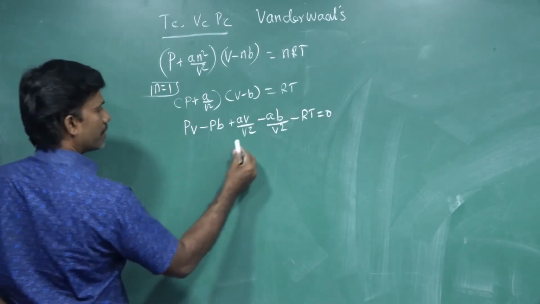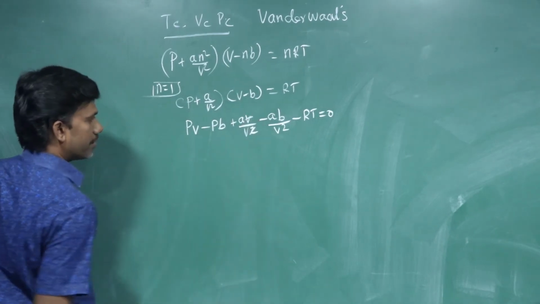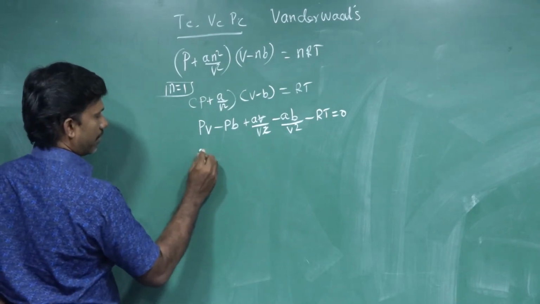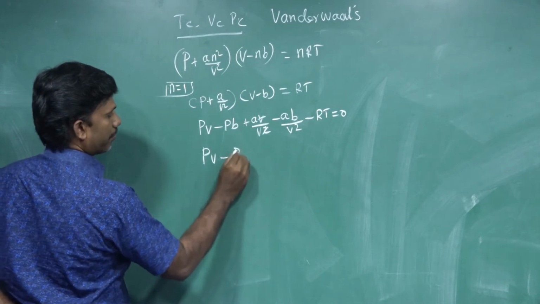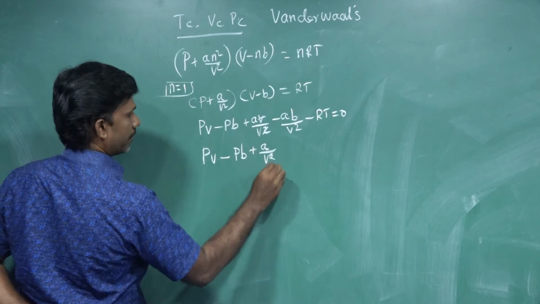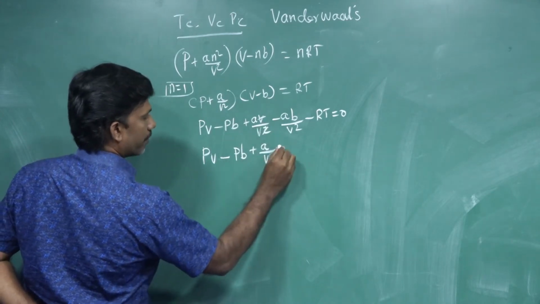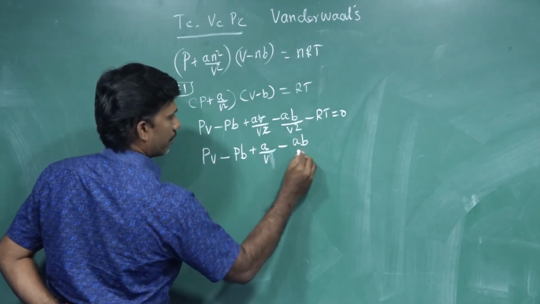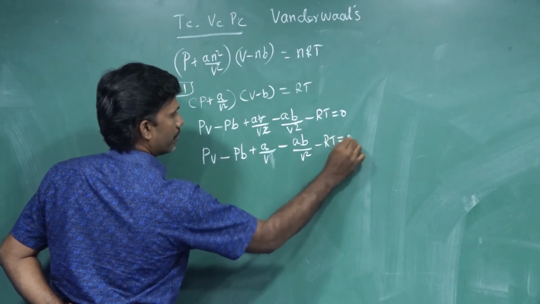Is there any chance of cancellation? Here V² will cancel, that's all. Then you can write the expanded equation: PV - Pb + a/V - ab/V² - RT = 0.